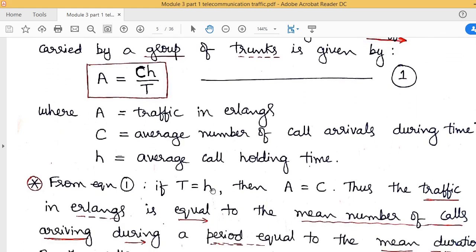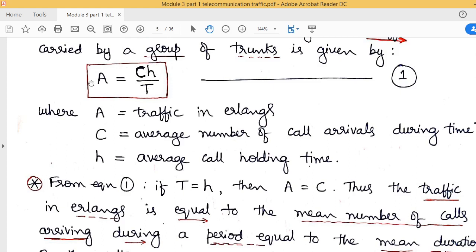So let us consider one scenario in which capital T is equal to H. Let us say we have traffic such that the total duration is about 1 hour and the number of calls arriving is about 10, and each of these 10 calls is holding for a duration of 1 hour.